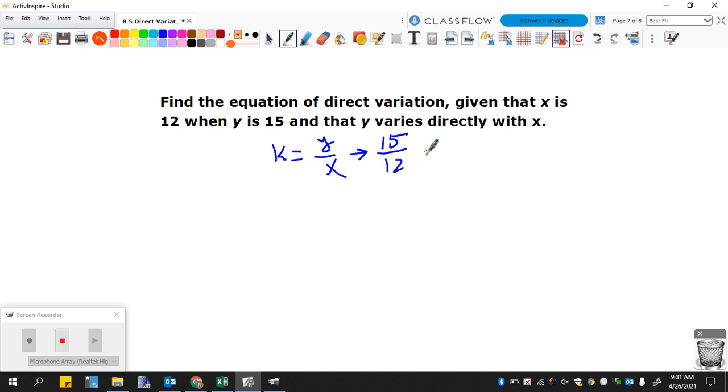When we reduce that down, that gives us 5/4. So k is 5/4. It doesn't have to be a whole number. So our equation is y = (5/4)x. That's all there is to it.